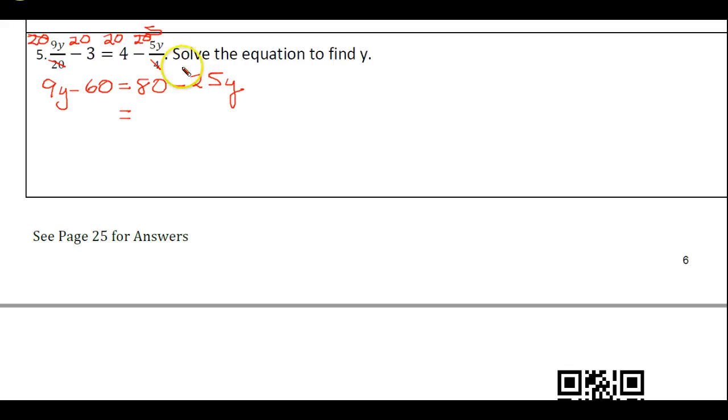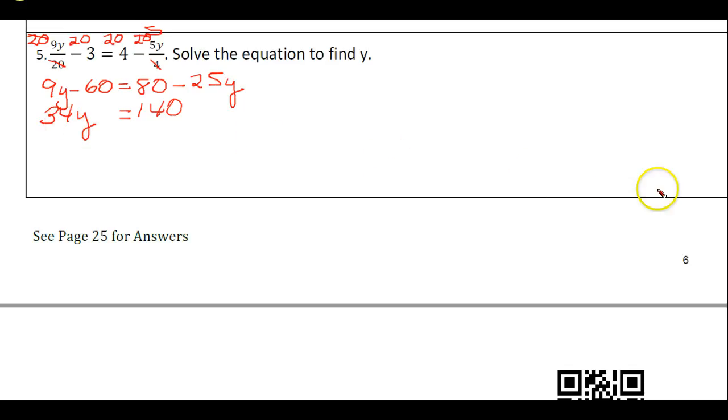Now again, we like to keep our variables positive, so I'm going to take this to the other side as a positive 25. So I now get 34y. I'm going to bring this to the other side, and it becomes a positive 60, and 80 plus 60 is 140.